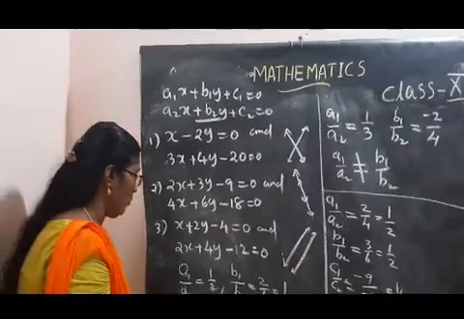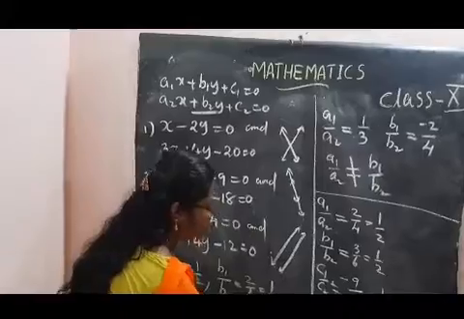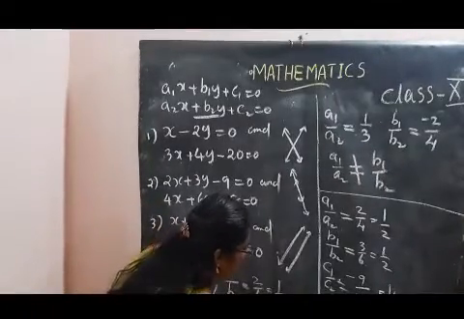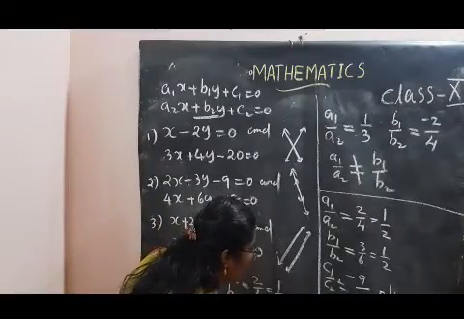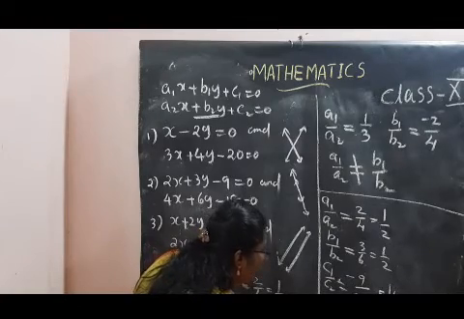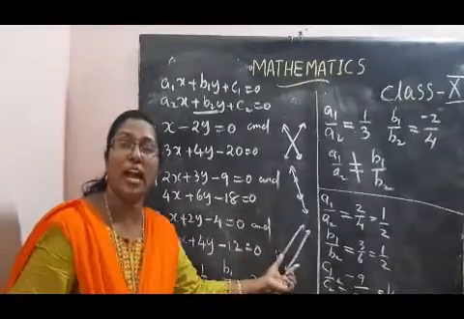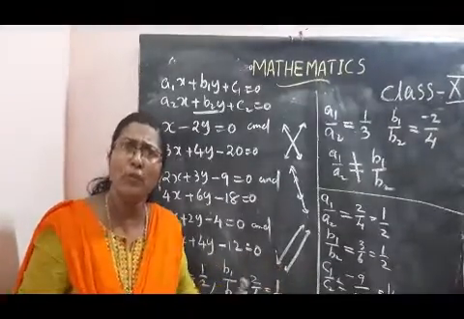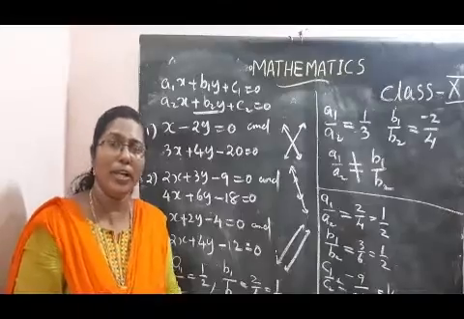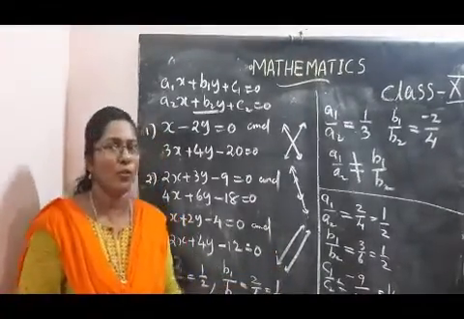Here we can conclude a1 by a2 equal b1 by b2 not equal c1 by c2. The type of graph is parallel, there is no solution.